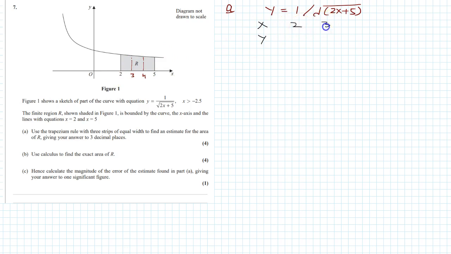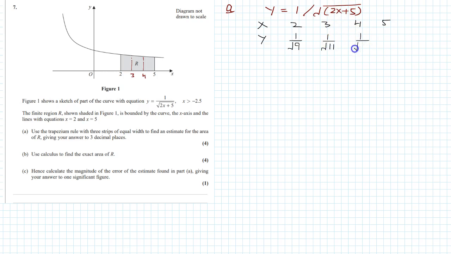So y will be, if I put 2, that 2 times 2 is 4 plus 5, 9. So this is 1 over root 9. This is 1 over root 6 plus 5, 11.